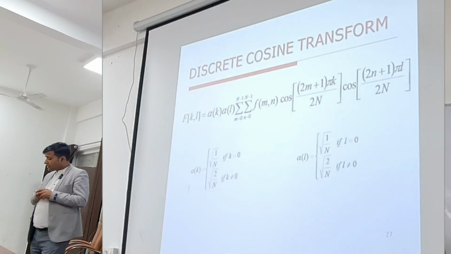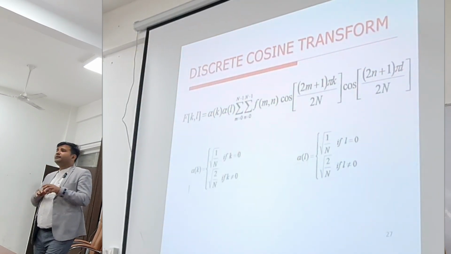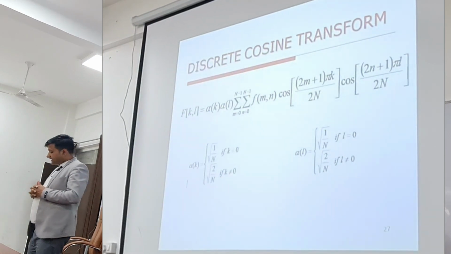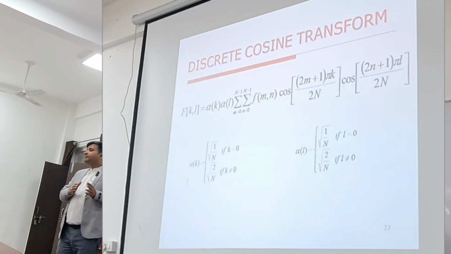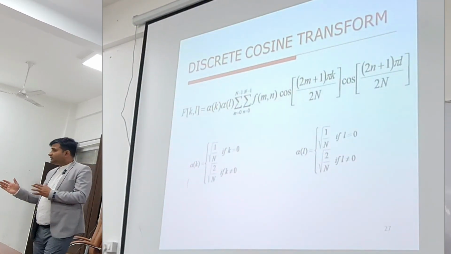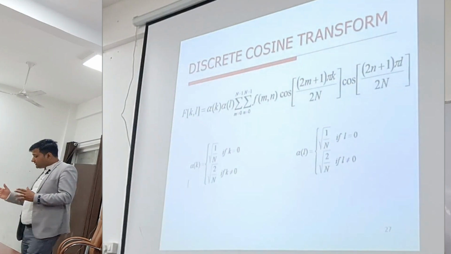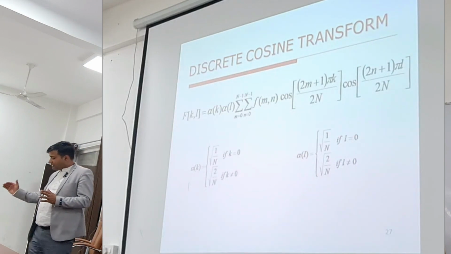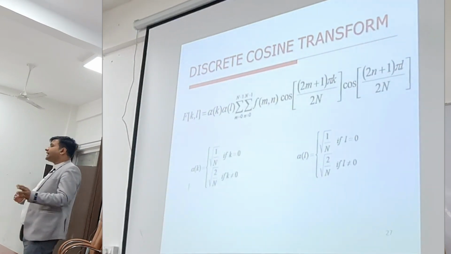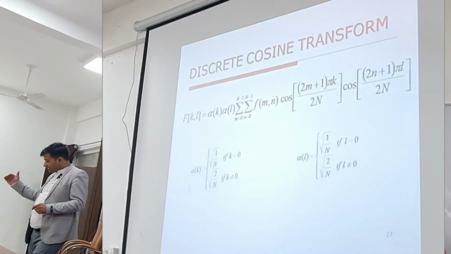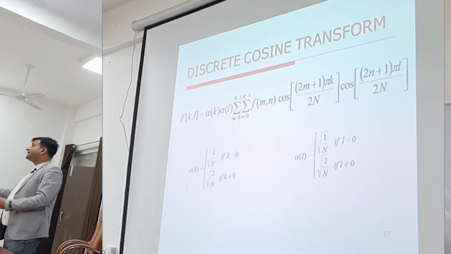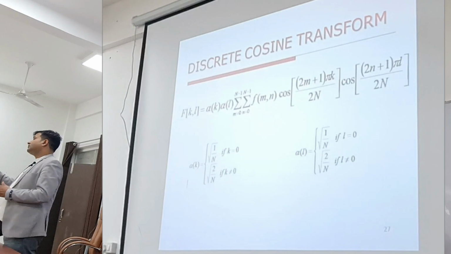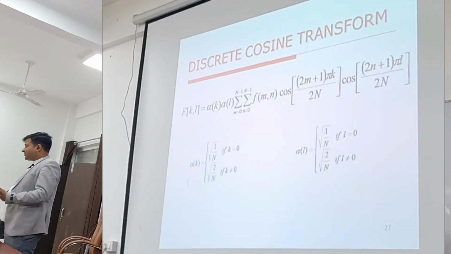One more salient feature of the DCT is the separable property. You separate by row and column. The 2D discrete cosine transform can be computed as separate one-dimensional transforms, 1D rows and 1D columns of the image. You find the 1D row and 1D column separately.